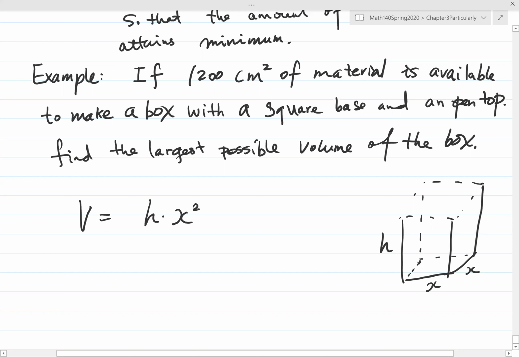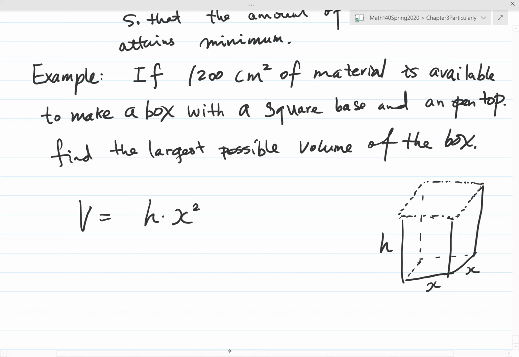Now how should we deal with surface area? First question is, to get the largest possible box, we should use all the material. The material should not have any leftover.